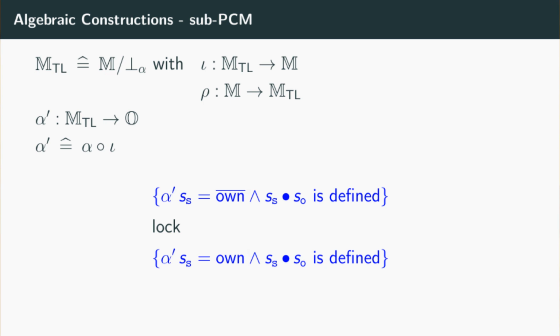This also makes definedness guaranteed as a property of state space and thus can be elided. This yields a compact specification in terms of the ownership PCM.